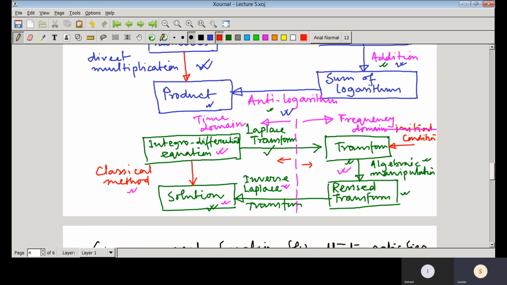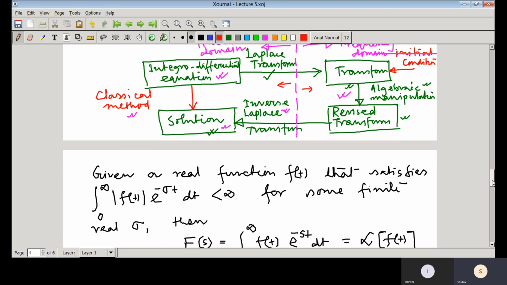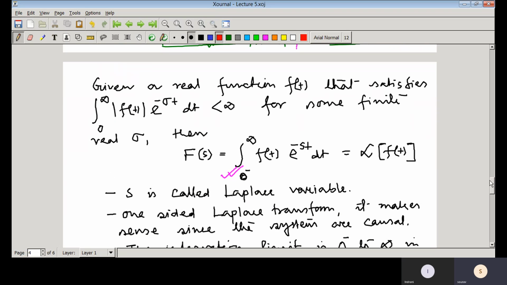And here we have pointed out some features, and this is the condition for which the functions are Laplace transformable. Practically almost all physical signals are Laplace transformable.